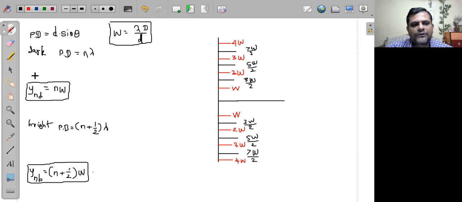And if you try to find the angular separation of this nth dark band, then we can call it theta ND. So what is the formula for theta ND? It is n times lambda by D. Remember.